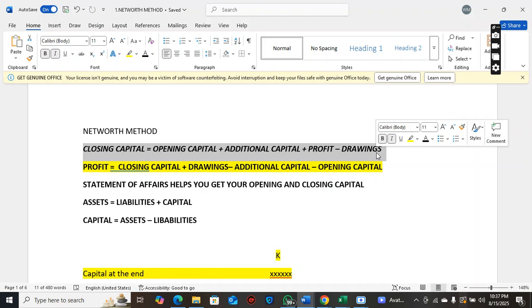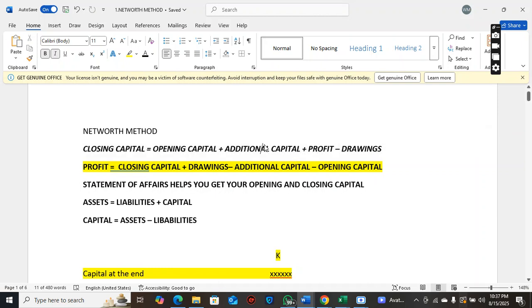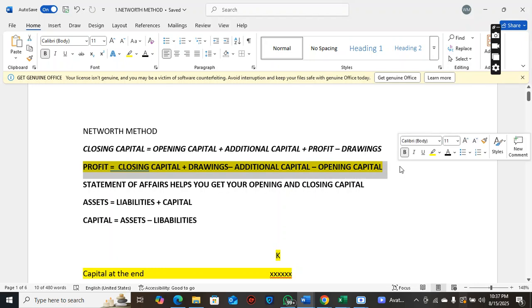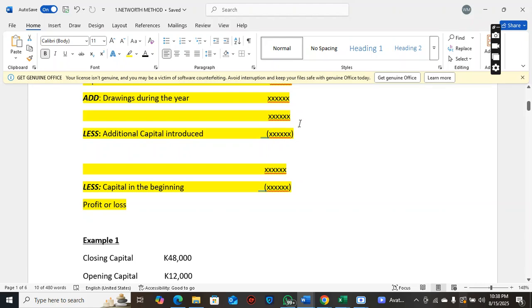No, don't do that, madam. You can do that. You eventually come to the correct answer because as you add this and subtract this, then eventually you take it to subtract from closing capital. Eventually, you'd still be doing this, madam, in essence. No, just do it in this format so that you get the proper marks, because they'll expect you to put it like this.